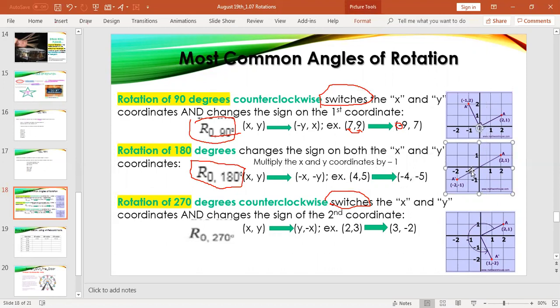Look at this second grid, the coordinate plane. You have the point A, and you have this straight angle, A, O, A prime, where the rays start at the origin.